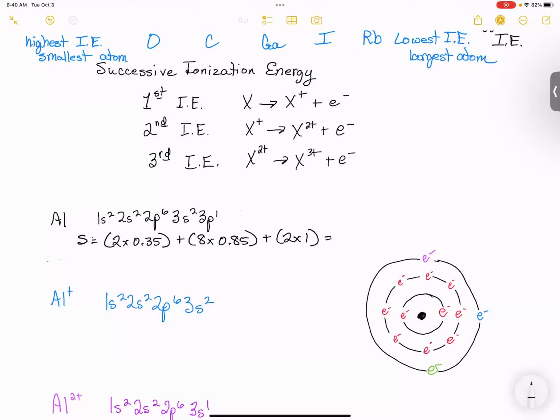So that means the S comes out to be equal to 9.5. So for my Z effective, which is Z minus S, that is equal to, aluminum is element 13 minus 9.5. You get 3.5 for the Z effective.